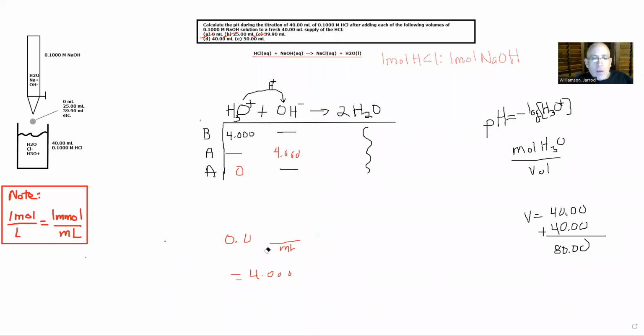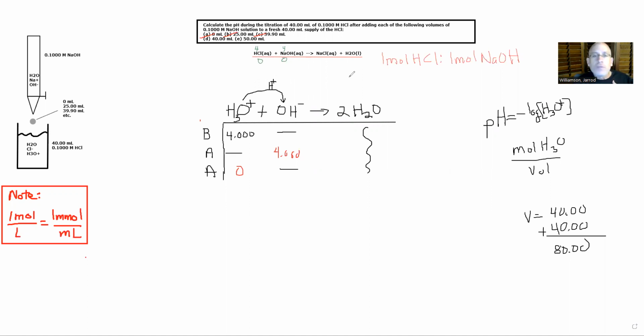What do I have left now? So I started with, let's look at it this way. Let me kind of do it like this. Choose different color. I had, for starters, 4 millimoles of that. And then I added 4 millimoles of this. So when I'm done, I've got none of this and I've got none of that.